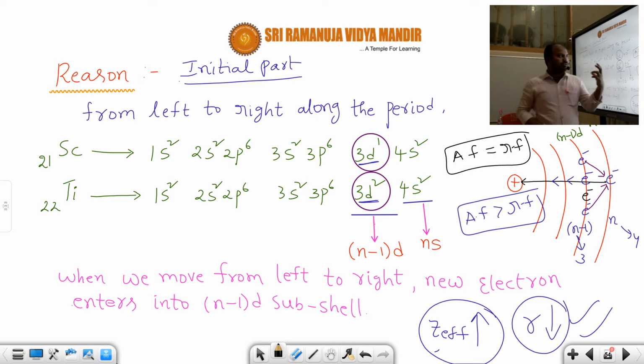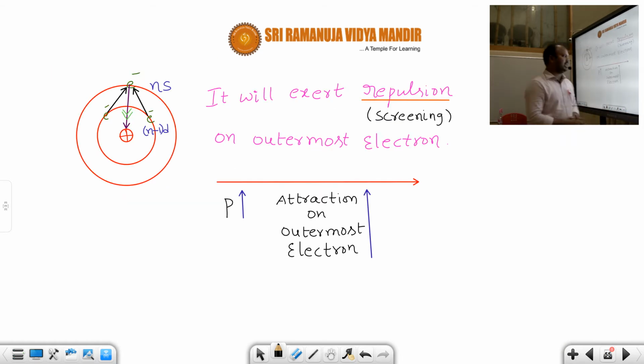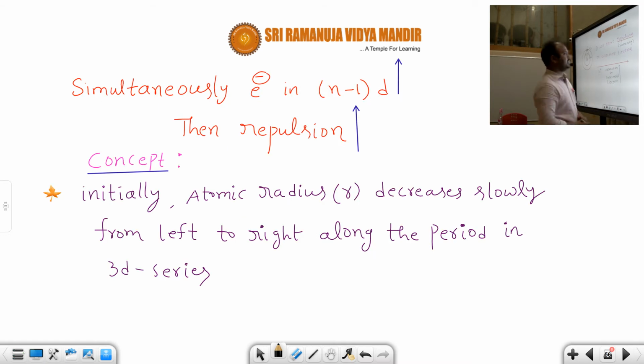That means attraction forces and repulsive forces balance each other in the case of iron, cobalt, nickel. That's why the distance neither decreases nor increases, because the attraction force is balanced by the repulsive force. When the distance neither increases nor decreases, what happens to the atomic radius? Constant. Atomic radius is constant.